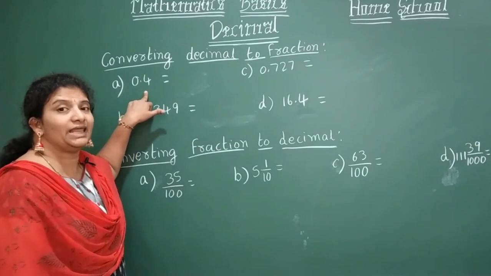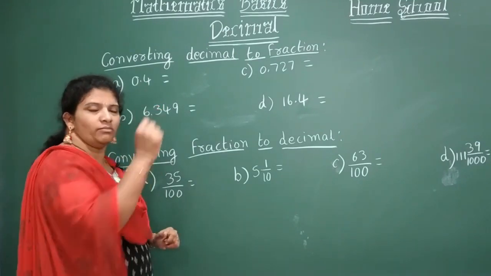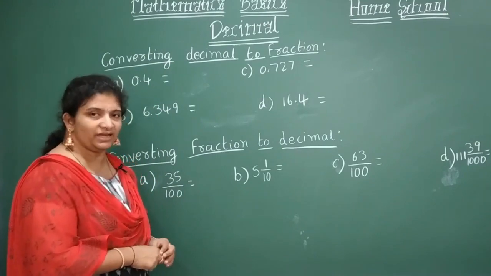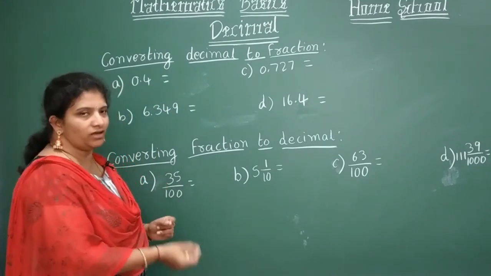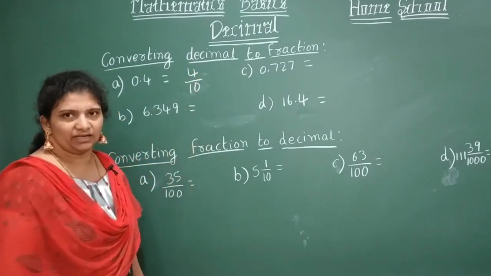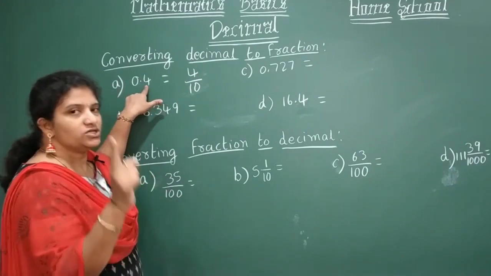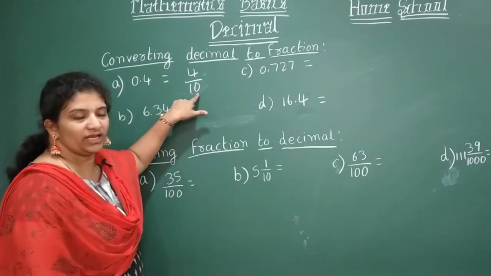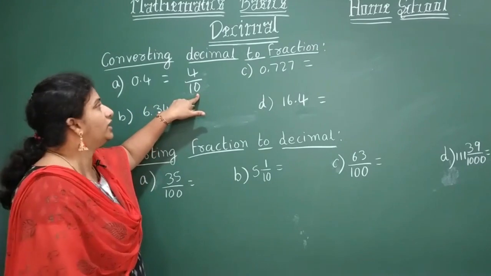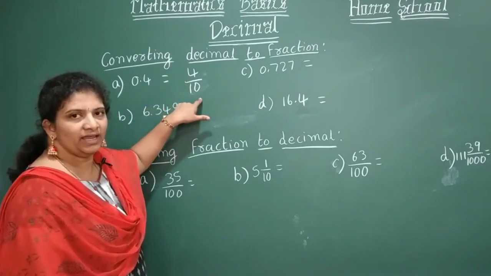This is the 10th position, means it is 4 into 1 by 10. We have written in expanded form, right? In the same manner, you are going to write this as 4 by 10. So after the decimal point, there is only one decimal. So 10 you have to write in the denominator in order to write it as a fraction. That is 4 by 10.